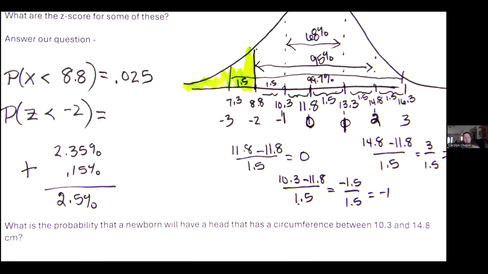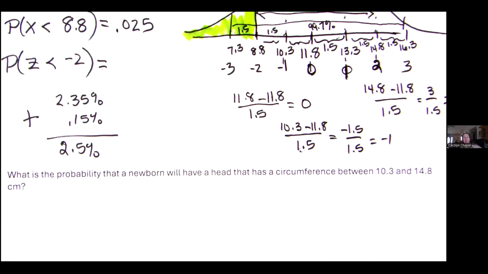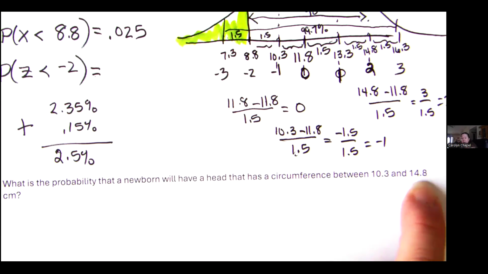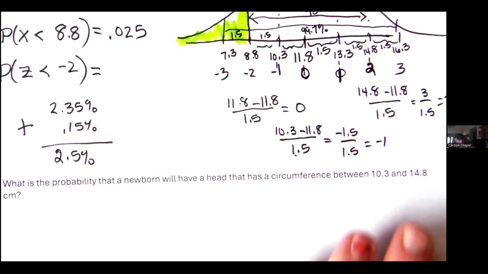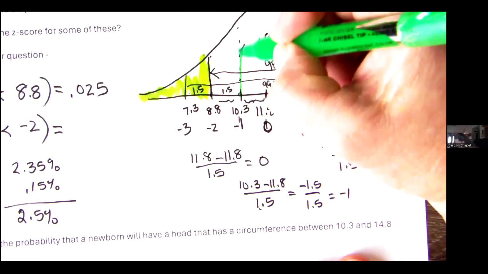Okay, we're going to do one more. We're going to find the probability that a newborn will have a head circumference between 10.3 and 14.8. So I'm going to go up here. I'm going to shade this one in green and use the same picture.